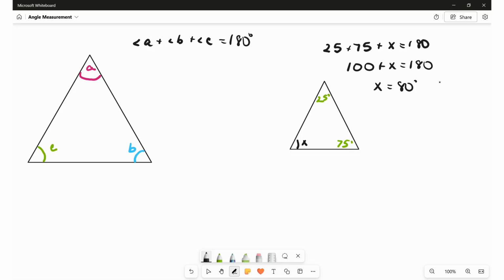And we can do that for, honestly, any triangle whatsoever. So that is all that I have for angle measurement.